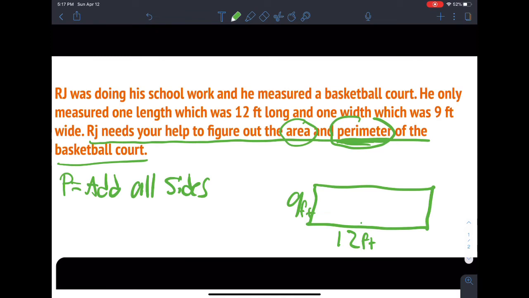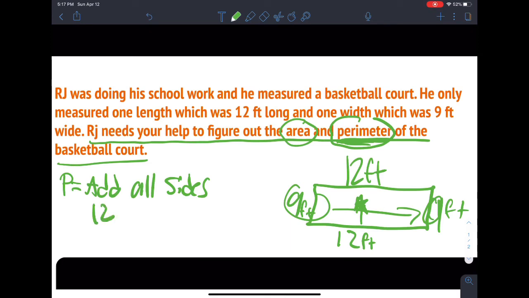And then with the rectangle, we know that opposite sides are equal. So if this side is 12, this side is also 12. And if this side is 9, this side is also 9 feet wide. Okay? So now let's add up all our sides. We have 12 plus 12, cross them out as I go, equals 24.